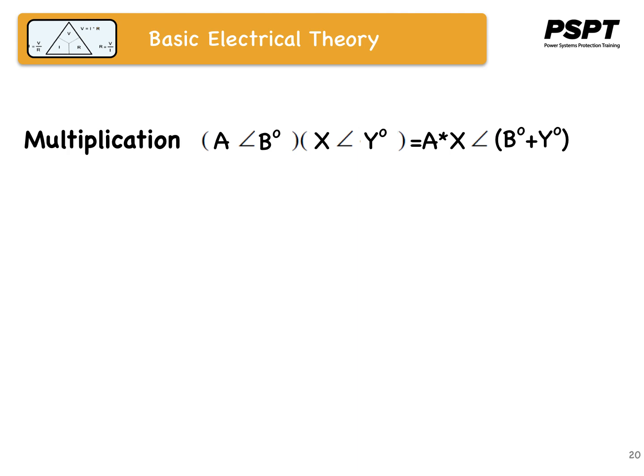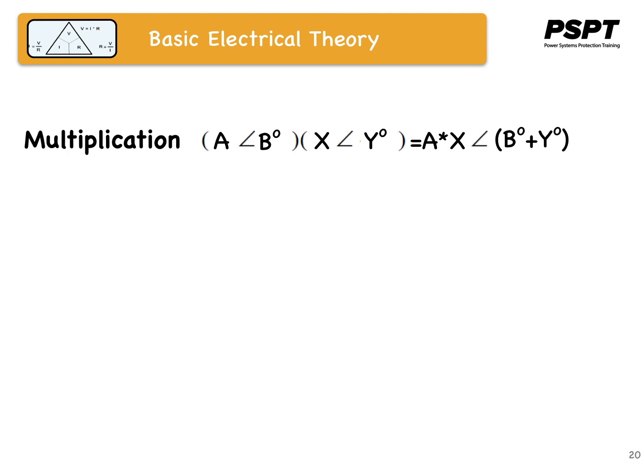All you have to do is multiply the polar magnitudes together and add the polar angles together. For example, we have two phasors here, A at B degrees multiplied by X at Y degrees. Then the answer is going to be A times X at an angle of B plus Y.